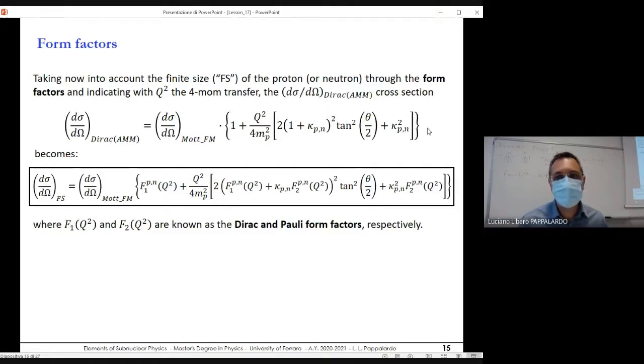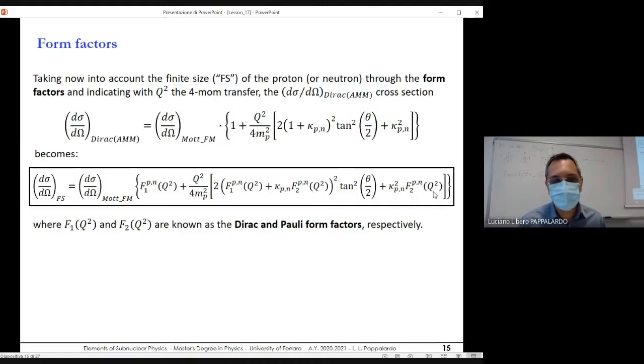Now, at this point, the proton is still point-like. Now we introduce the space distribution of the charge of the proton, and so we introduce essentially the form factors. So we can now write down our cross-section, which is now much more refined, as you see.